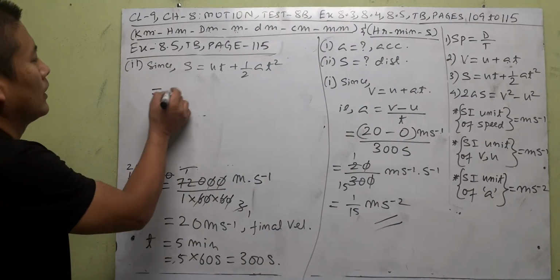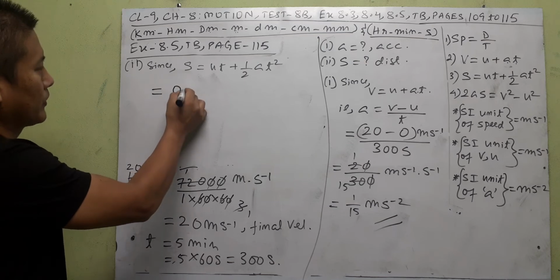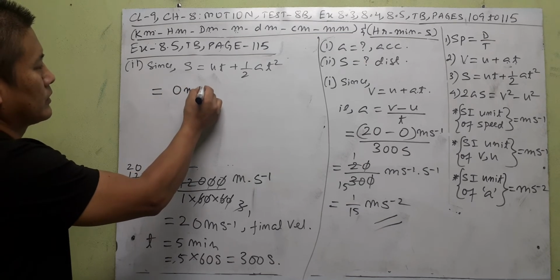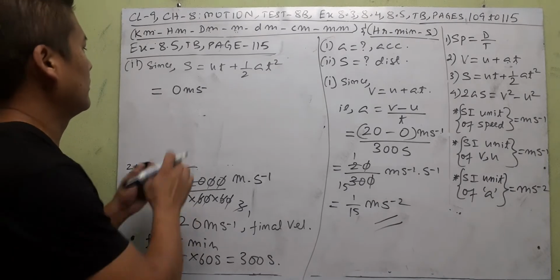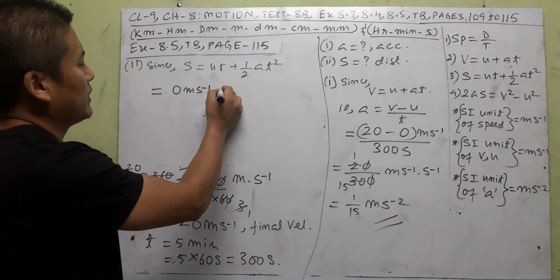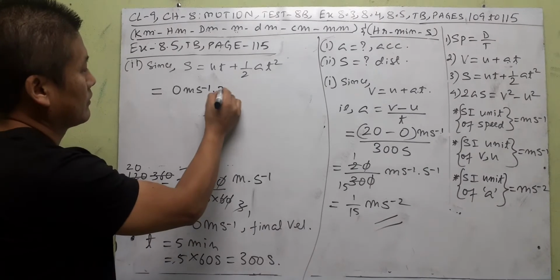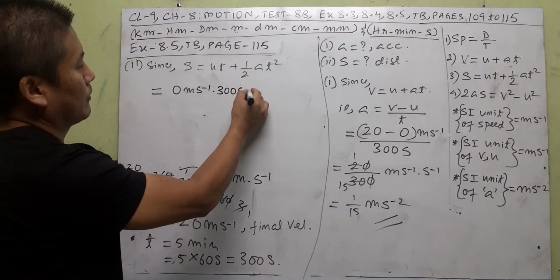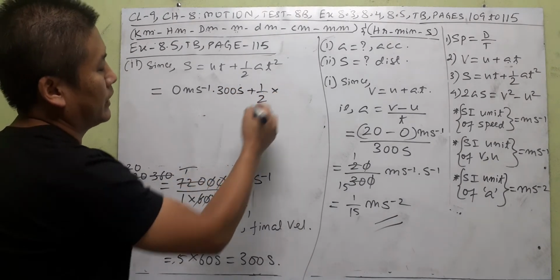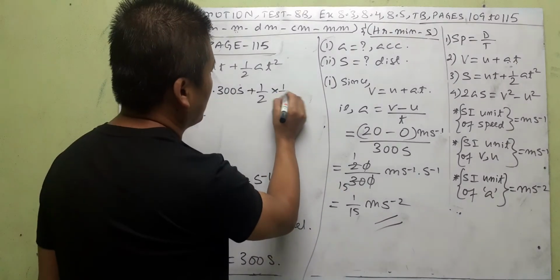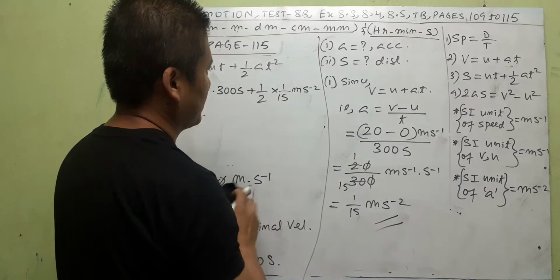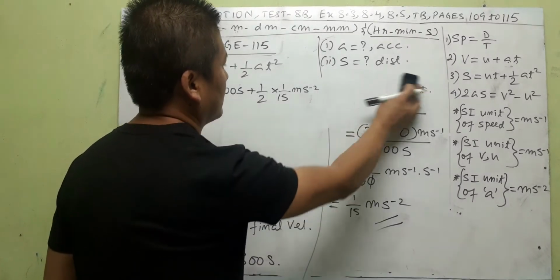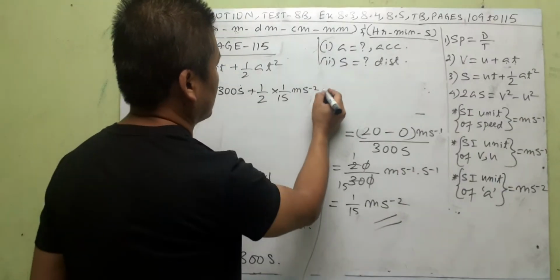So U is, we know, 0 meter per second, right? Into time, here 300 seconds, plus half into A, which you just got, 1 by 15 meter per second square, then into T square.